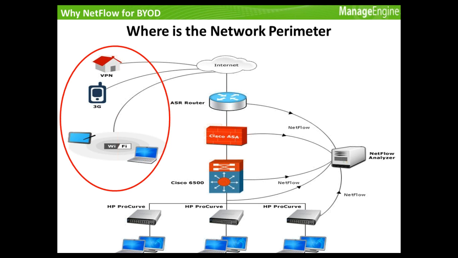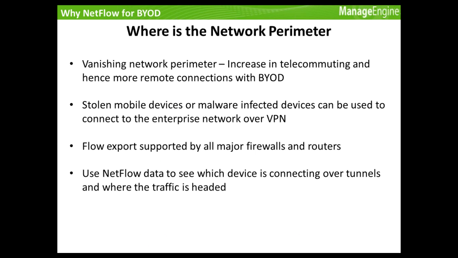So what you need is something like a flow analysis solution. The reason is flow export is supported by almost all firewalls and routers. All the firewalls, SonicWall, Cisco, any vendor in the market, support flow export, mostly NetFlow, and a large number of them sFlow export.